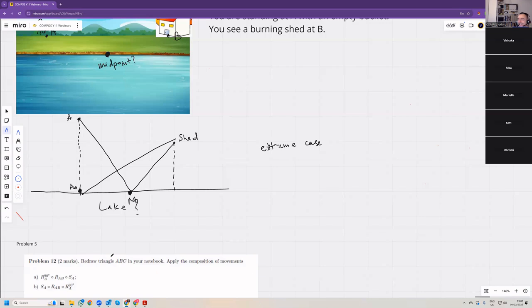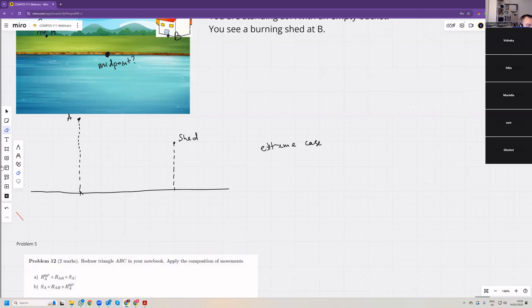No? Someone? You can solve it by differentiation, yes. Very good. By all means, please do, but you don't need to. You don't have to do it by differentiation.